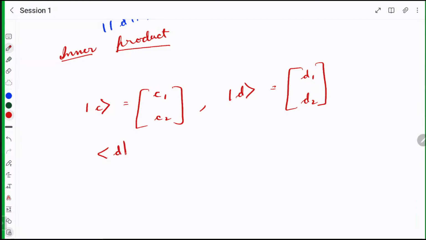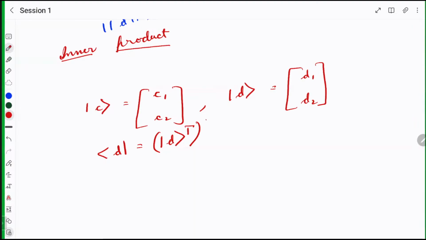We defined a bra of D. What we said is that the bra of D would be just the D transpose, and that gave us the column vector D1, D2. Now we define that the bra D should not be just D transpose.